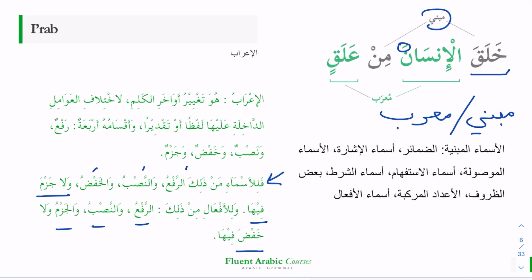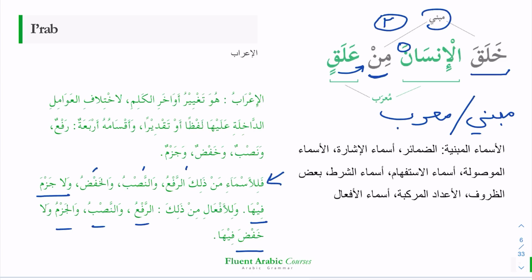Min, again, it is a particle, and again it is mabni. The particles are always fixed, so you don't need to worry about its i'rab. Alaq, you need to know the i'rab. It is going to be in the state of jar because of the harf min. So this is the second step of i'rab.